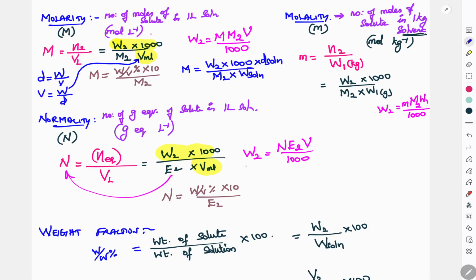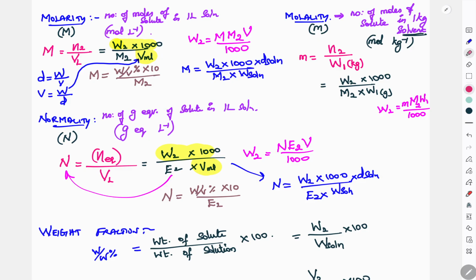Similarly, normality is equal to W2 into 1000 divided by equivalent weight into weight of solution by density of solution.